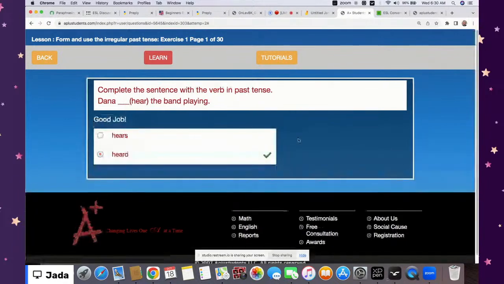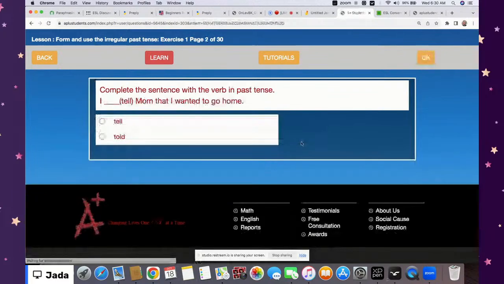And the next one we have tell. So is it tell or told? What's the right answer? Share your answers so that I'm sure that you know what you're doing.